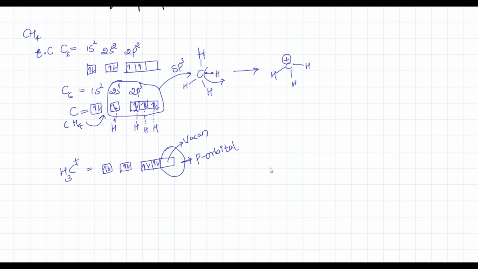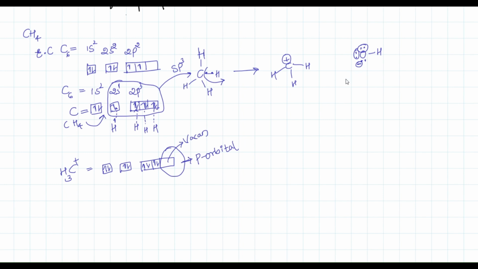Now the OH molecule is in minus charge. Oxygen is already having 2 lone pairs of electrons, and one extra lone pair, hence it has a minus charge. So we can write the electronic configuration of OH minus.